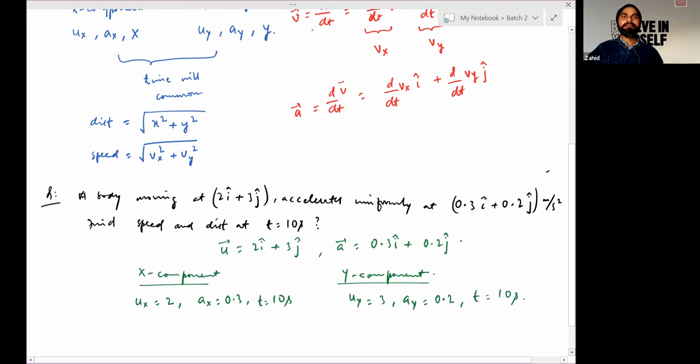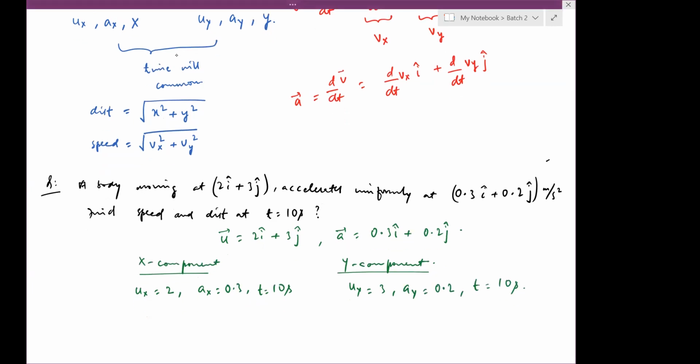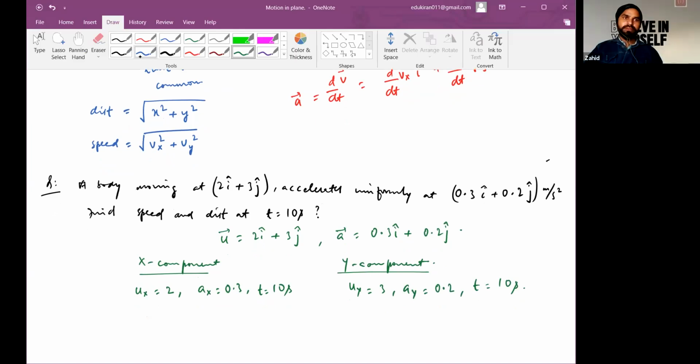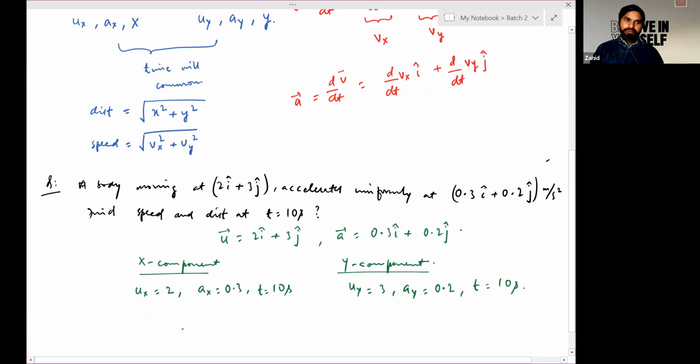Yes, sir. So now use the first equation of motion to find final velocity, and the second equation of motion to get displacement. So Vx equals Ux plus Ax into t. Similarly, S equals Ut plus half At squared.